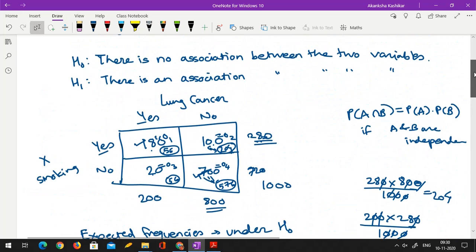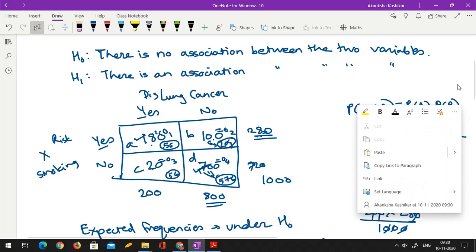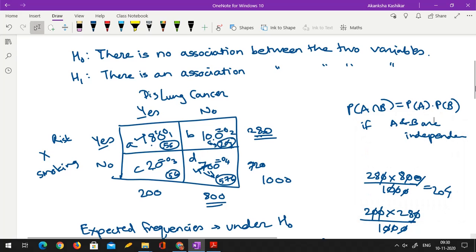from this table again. Okay, so this is the status of risk factor being present and this is the status of disease, yes, no. If I call these A, B, C and D, then relative risk would be defined as A upon A plus B, so A plus B is here, to C upon C plus D. C plus D is this total, right?